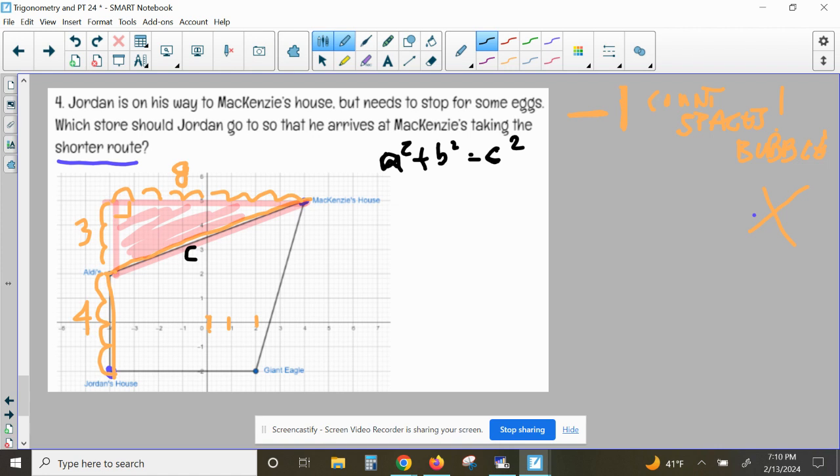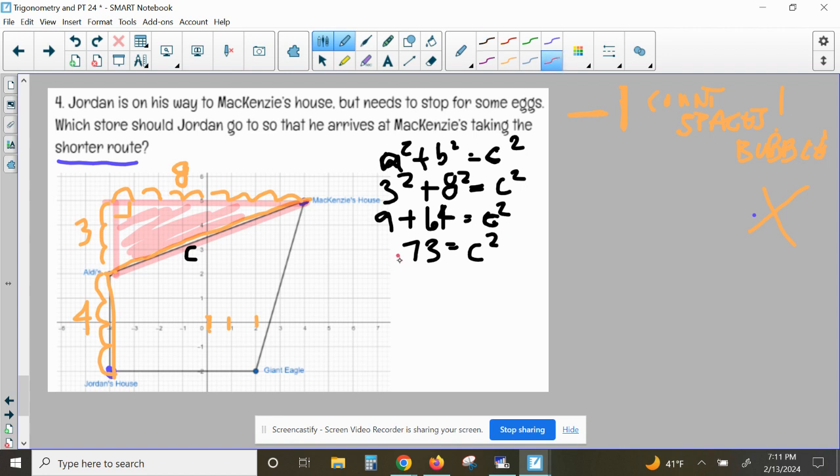Plugging in, let's call the 3 the A and the 8 the B. So I have 3 squared plus 8 squared, so 9 plus 64 equals C squared. 9 plus 64 is 73, equals C squared.